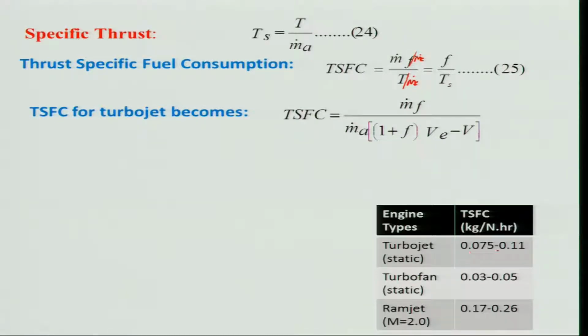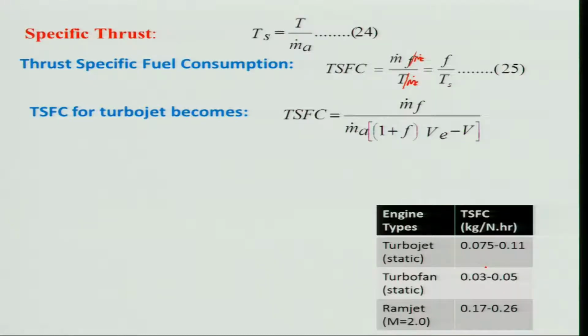So, if you look at some typical numbers, I have taken TSFC, that is 0.075 to 0.11 kg per Newton hour, right. Per hour you will be consuming this many kg of fuel for a particular Newton of thrust, whereas the turbofan has a very low value as compared to the turbojet.